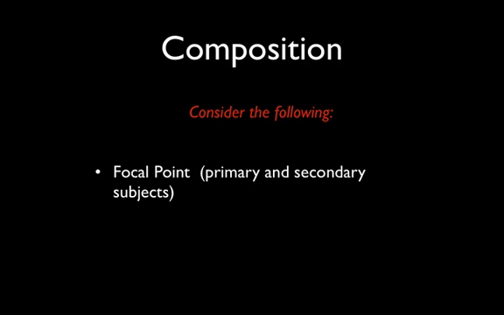Focal point is another way really of referring to your primary subject in the photograph. So in a portrait it would be a person, or more specifically their face, or more specifically again their eyes. So in the case of the portrait you would have primary and secondary focal points.